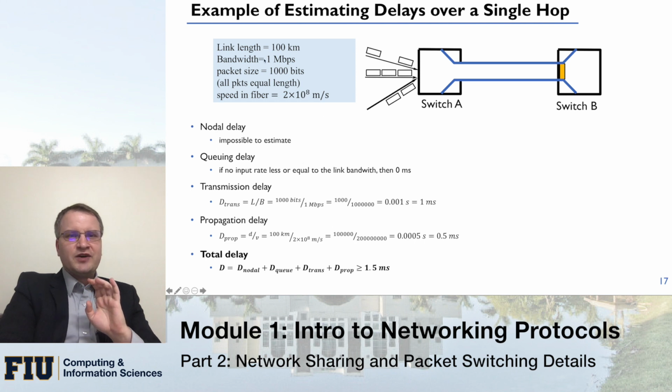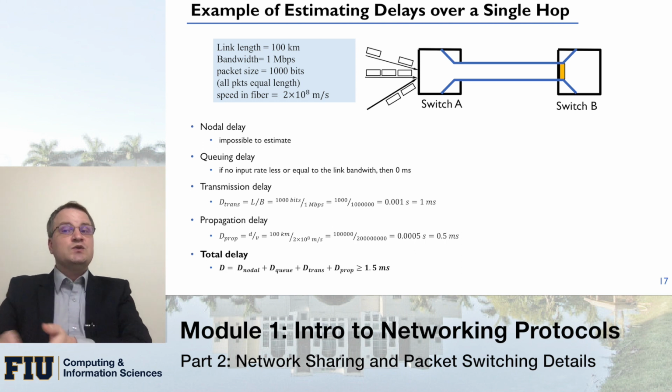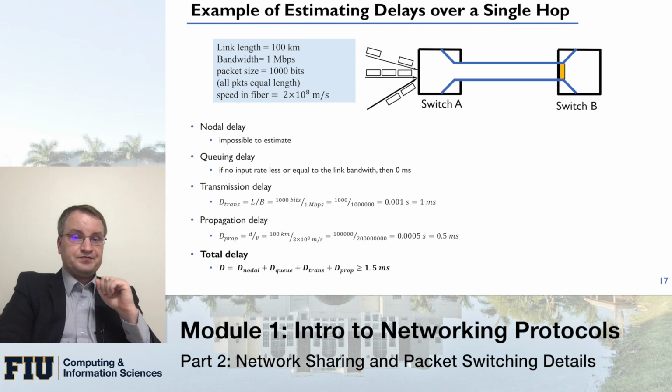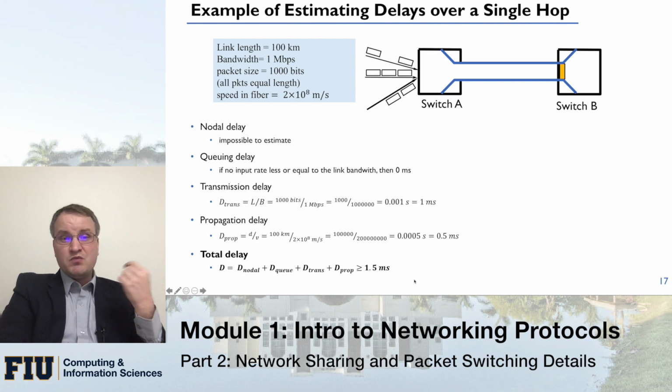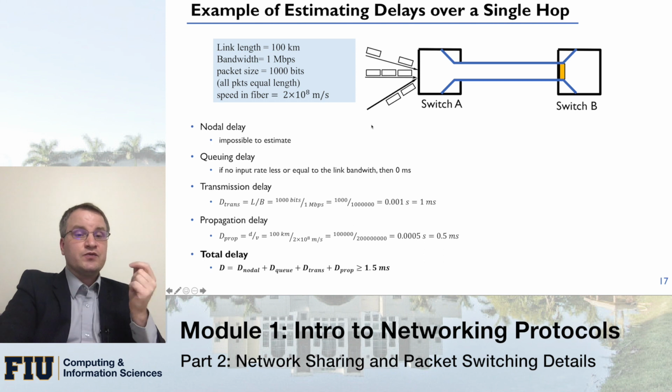I don't know what kind of fiber optics is 1 megabit per second today, but just for the purposes of this example, there is a huge 1 millisecond delay to transmit a single packet, and 0.5 milliseconds to actually move this packet from switch A to switch B physically, due to speed of light constraints. If you consider total delay, this would be bounded by 1.5 milliseconds. It can be more if we have some delays during processing, or if somebody is sending a lot of traffic on incoming links, then of course that would also be more.